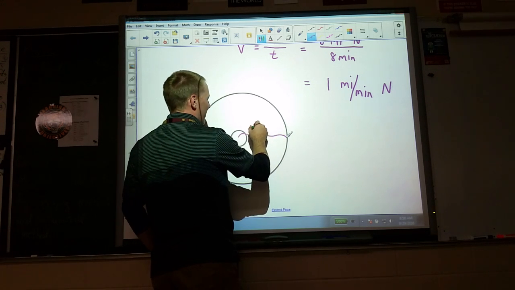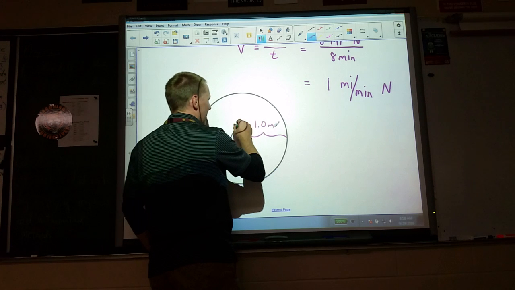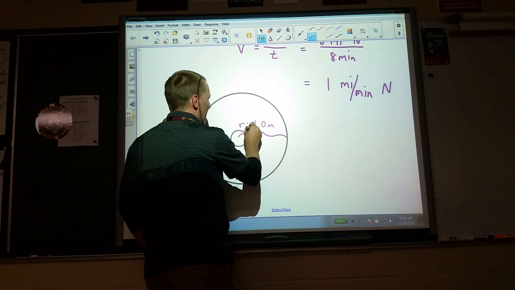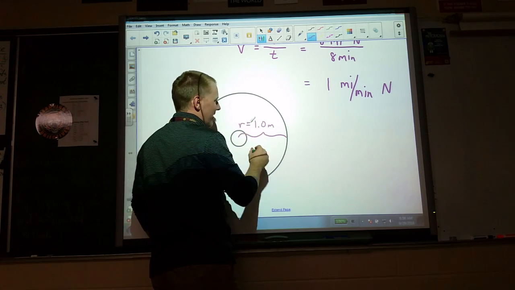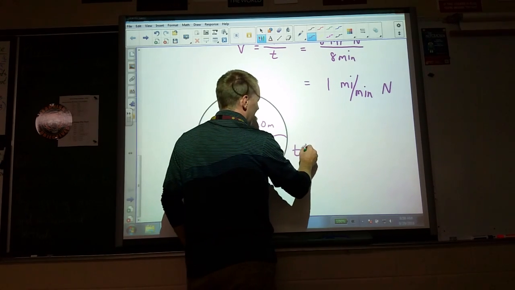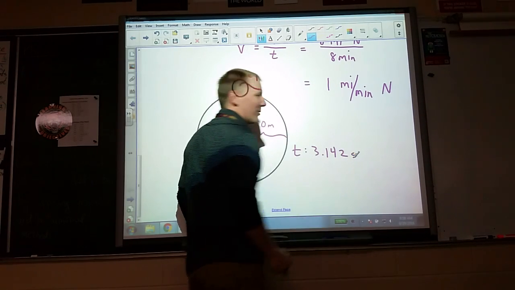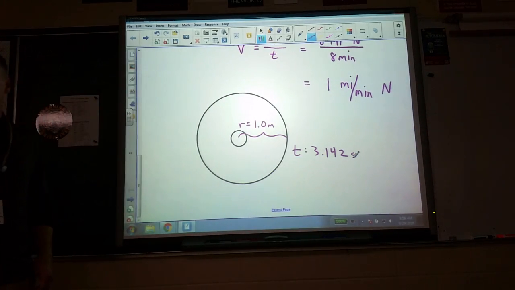Let's call it, for the sake of simplicity, the radius is 1.0 meters. And let's say that it was taking 3.142 seconds per revolution. I just put that number up there randomly.